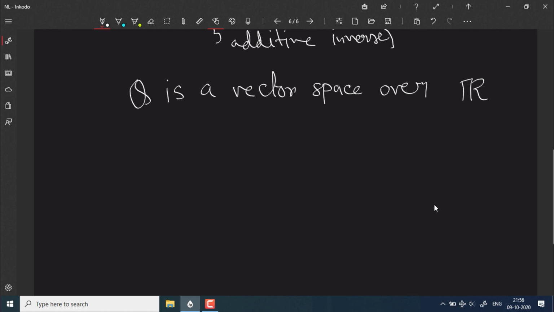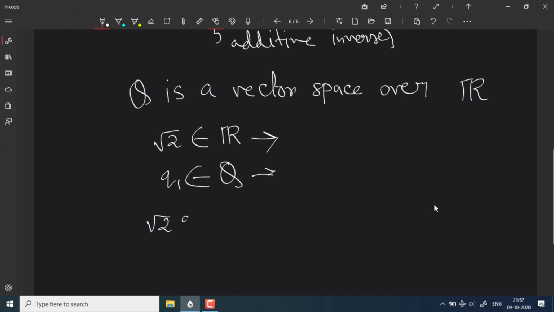So if you pick root 2, which belongs to R, and any element q1 belonging to Q, and then do this scalar multiplication, then root 2 times q1 will not become a member of Q. So we can say that Q is not a vector space over R.